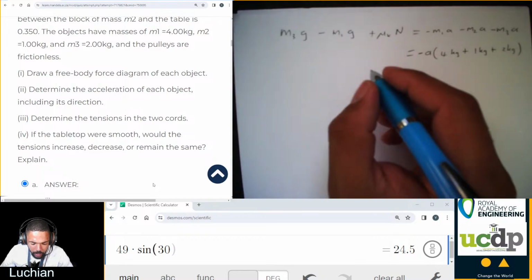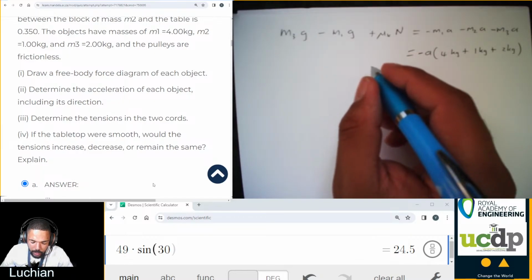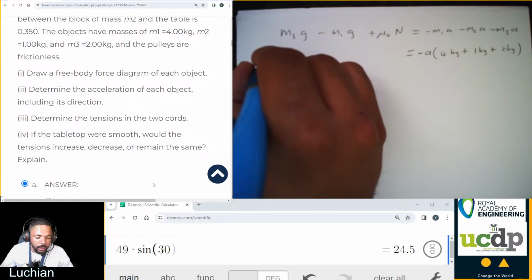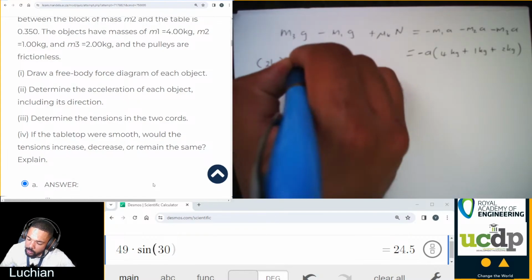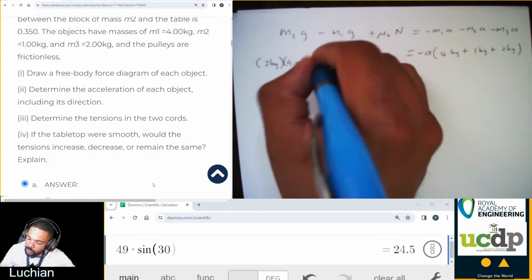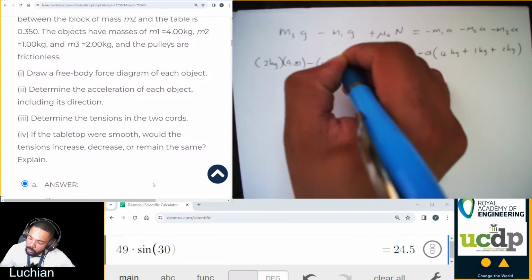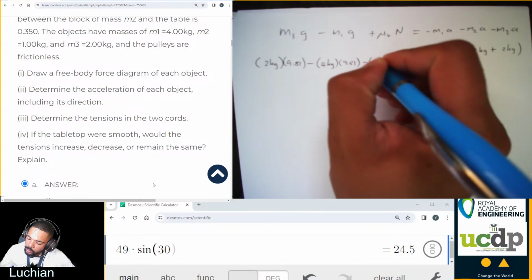On this side, all the tensions have cancelled, so you'll have M3, which is 2 kilograms multiplied by 9.81, minus 4 kilograms multiplied by 9.81, minus 0.3.